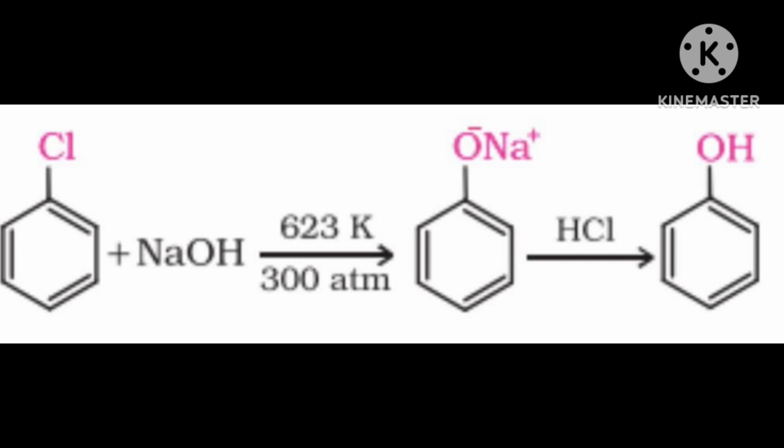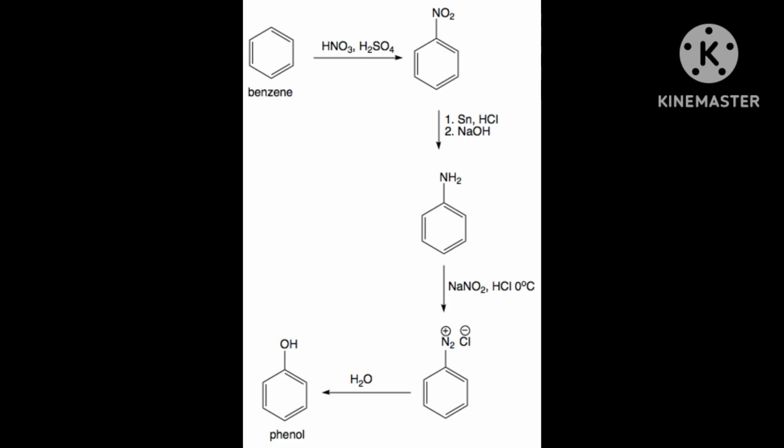Now the question arises, how did sodium come here? The requirement here, after benzene sulfonic acid, to get phenol, is NaOH. Sodium hydroxide is required. And after that acidification will be done.